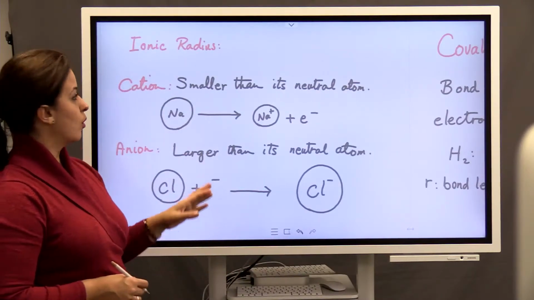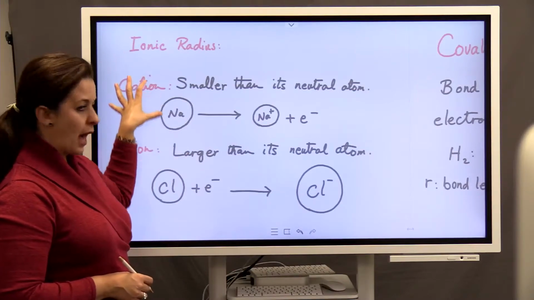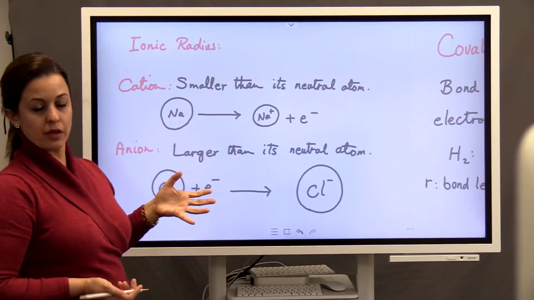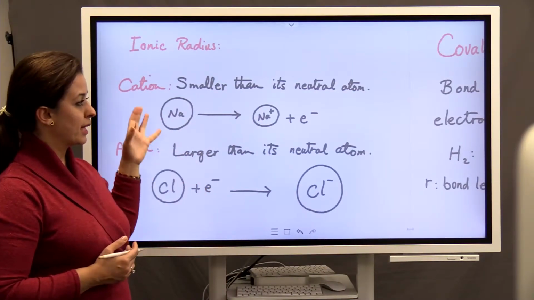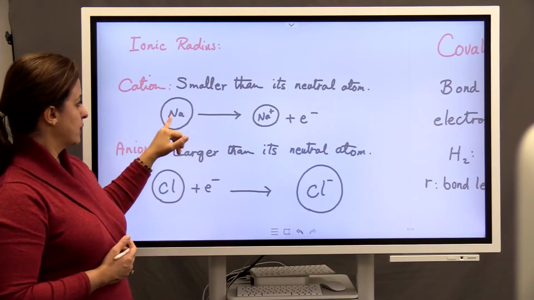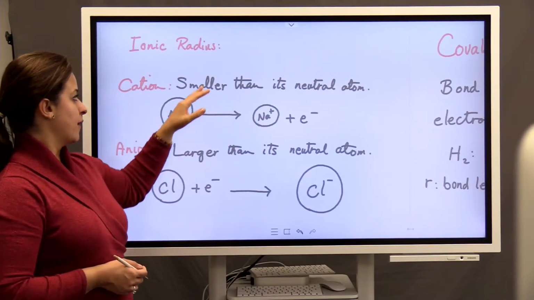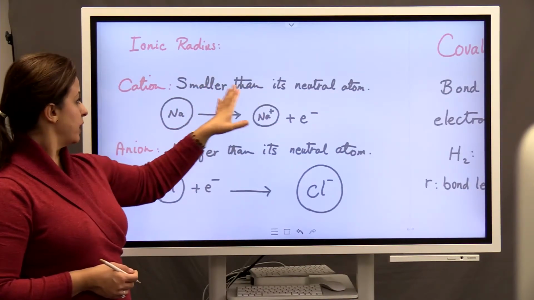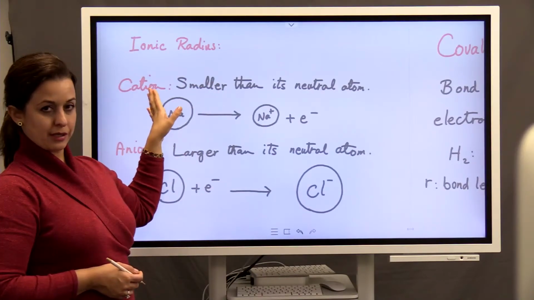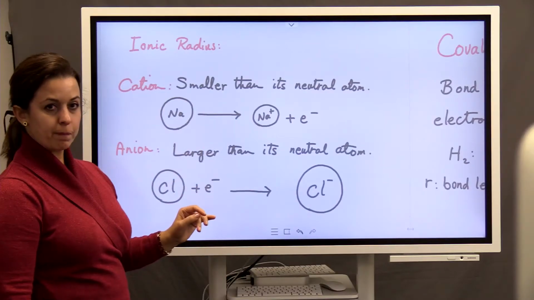Another thing we need to know is the ionic radius. We say cation loses electron, right? It's, let's say, a neutral atom that has lost electron. So like sodium loses electron to change to sodium ion. Keep in mind that radius of cations, positive charges, is always smaller than their neutral atom.